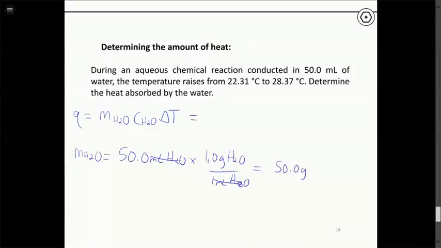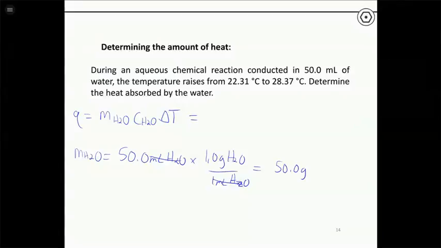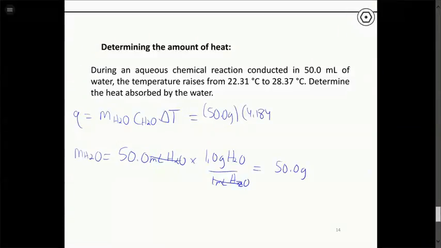When we're doing these types of problems, mass and milliliters are more or less interchangeable because the density of water is 1. So we have 50 grams of water. The specific heat capacity for water is 4.184 that we just introduced.